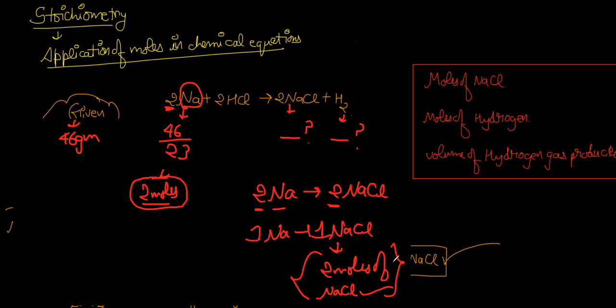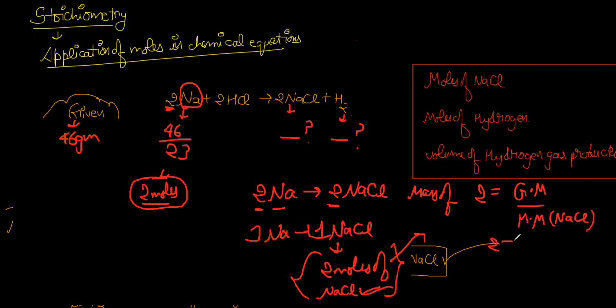Now, if they are asking me to find mass of NaCl, see, I figured out moles of NaCl. Now it's just basic moles. You know the moles of NaCl. You will say moles is equal to given mass of NaCl divided by molar mass of NaCl. You will get the mass. 2 is equal to given mass over molar mass. You look at the periodic table. Na is 23, chlorine is 35.5.